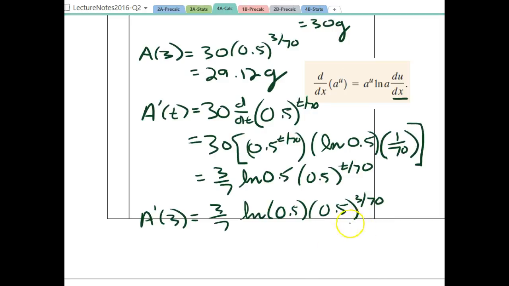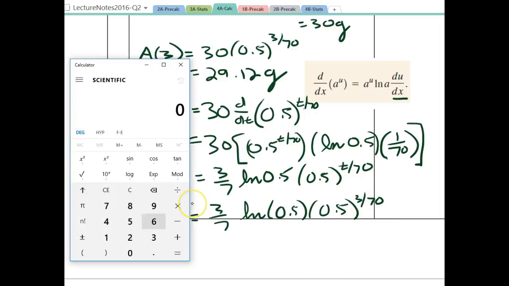We know what this is going to be, but we'll go ahead and do it all together again. All right, so I'm going to take 3 divided by 7. I'm going to multiply that by the natural log of 0.5. And let's see here.